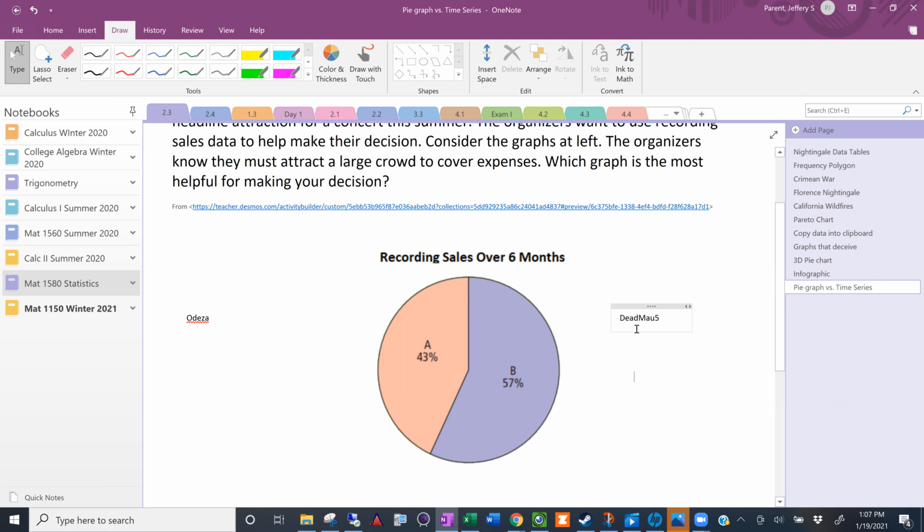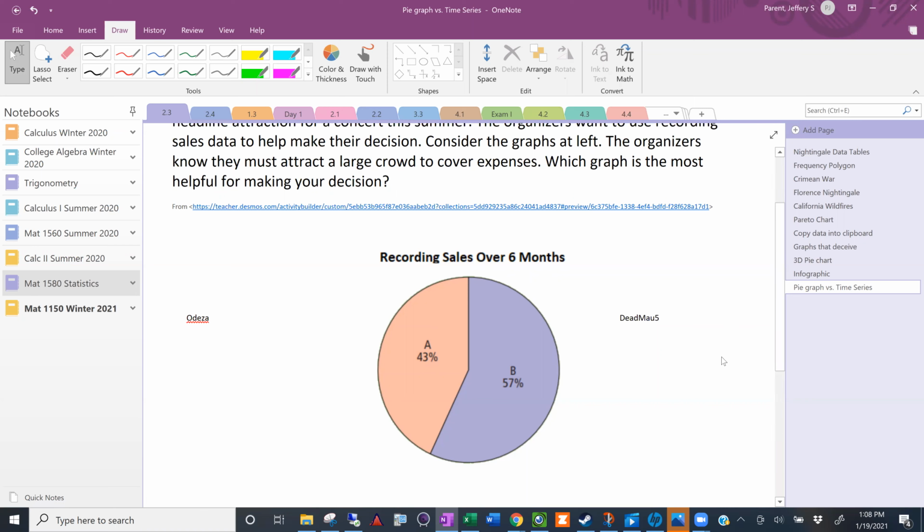Okay, thank you. So you've got these two artists that you're looking at, and you're trying to decide which one you want to bring in. Now you can do this pie chart, which shows you that maybe Dead Mouse has had more downloads over the last 6 months.